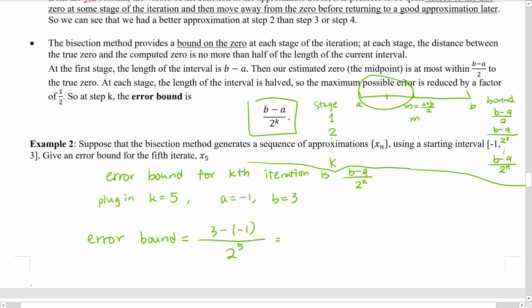The top is 4, so it is 4 over 2 to the 5th. 4 is 2 squared, so we're only left with 1 over 8, that is 0.125. So far, so good, everybody. So this is our error bound. Let's continue.